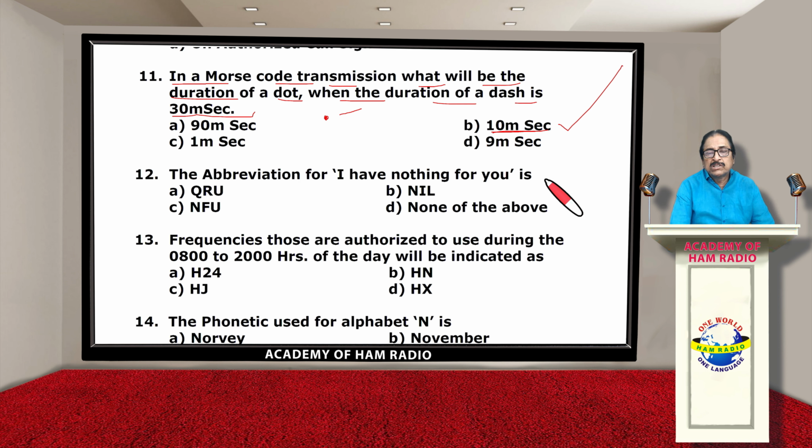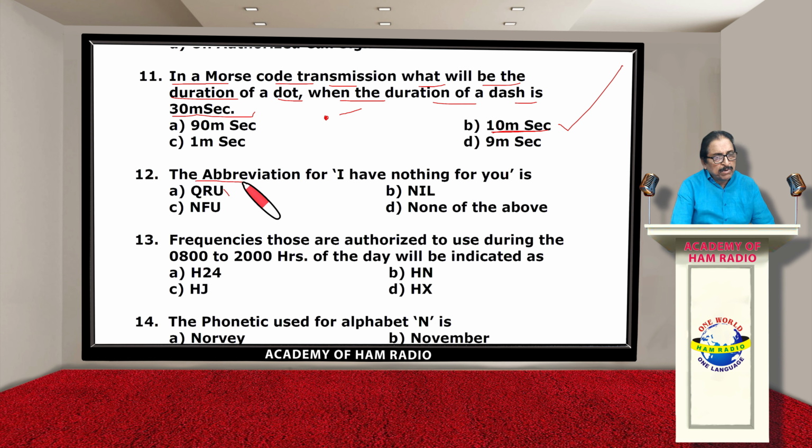The abbreviation for I have nothing for you. This is in the answer form. So here you have to learn by heart all the Q codes. 33 Q codes are there. They give different meanings with the question mark and without the question mark. So QRU, I have nothing for you, is not actually the Q code.